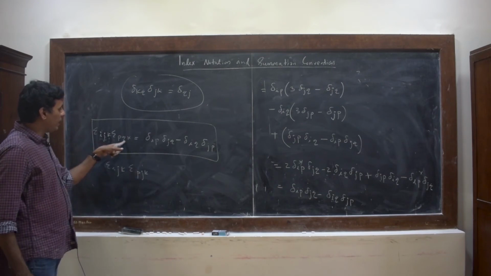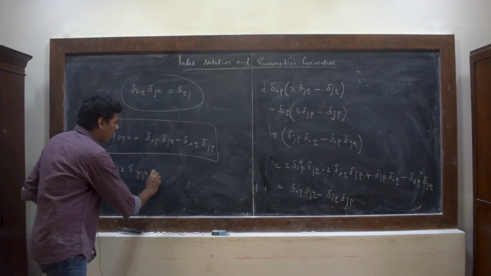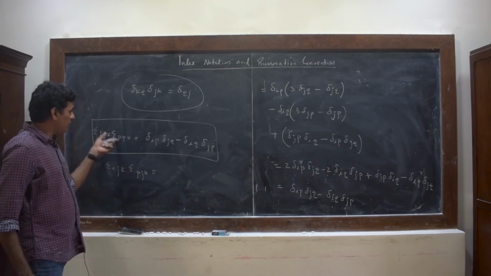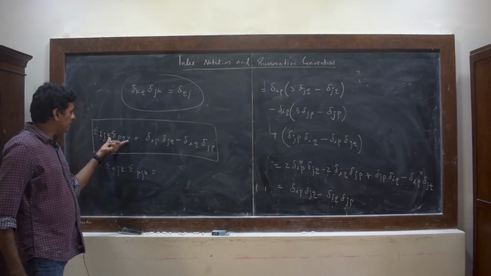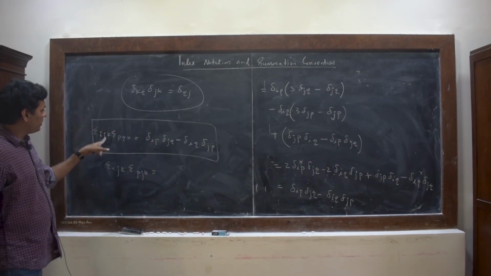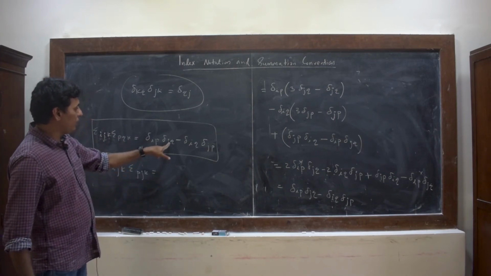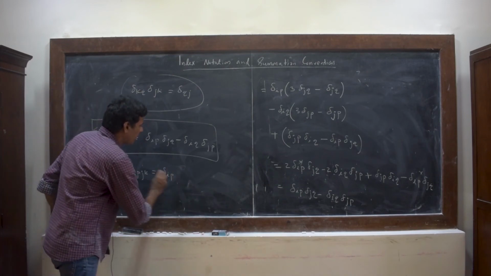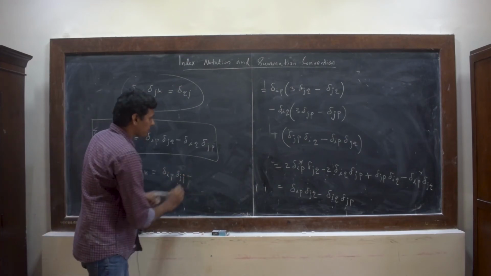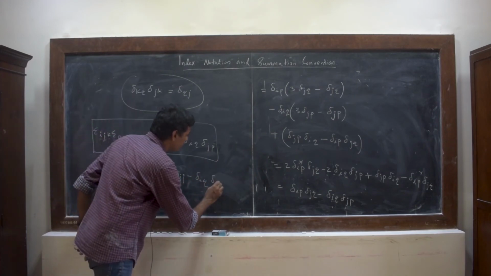Now I will make J and Q also a dummy index, I will just take Q equal to J. We already know the result when the last indices are the same, and in this result, if you keep Q equal to J, you have delta IP into delta JJ minus delta IQ into delta QP.